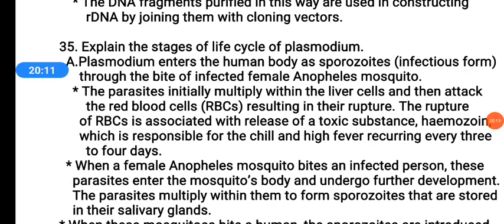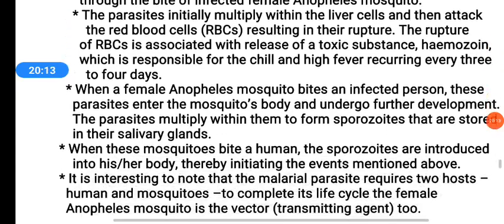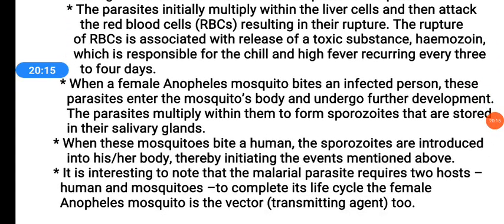That is the main symptom of malaria. When a female Anopheles mosquito bites an infected person, the parasites enter the mosquito's body and undergo further development. The parasites multiply within it to form sporozoites that are stored in the salivary glands.